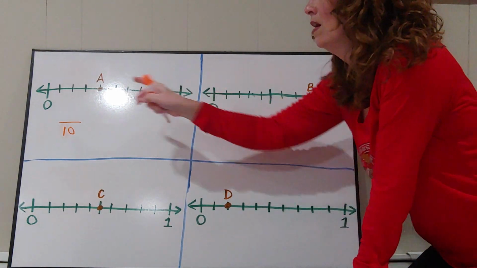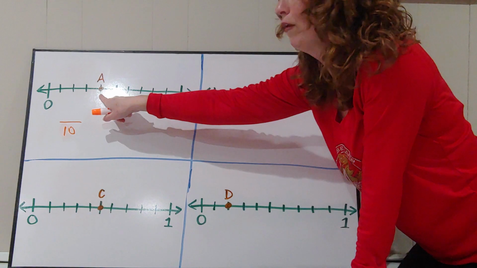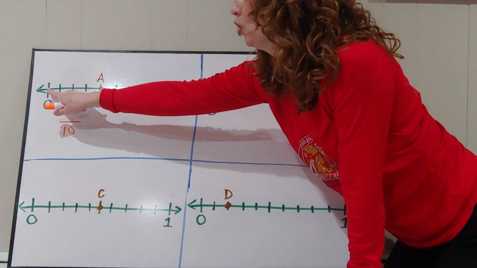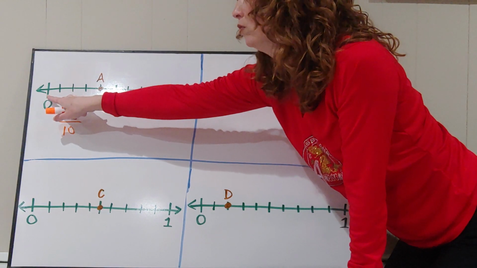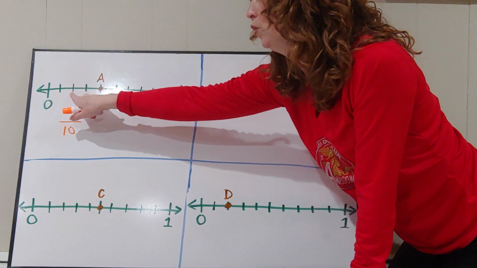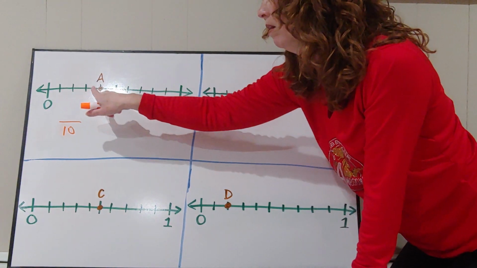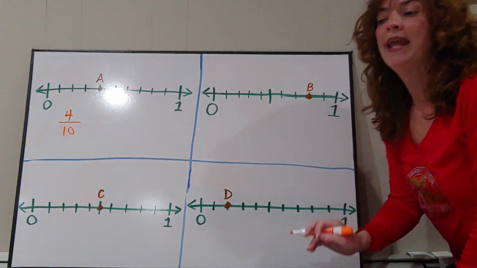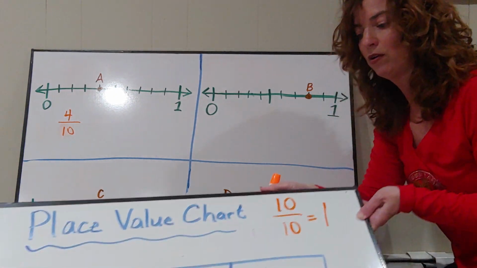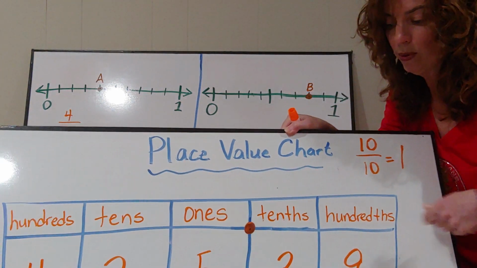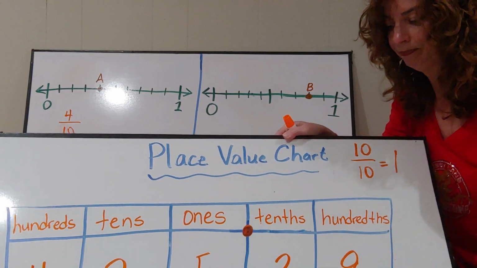Now we're going to count. We want to see what fraction does A represent. So we're going to start at our 0 and count over 1 line, 2, 3, 4. 4 tenths. Now going back to our place value chart, if we say 4 tenths, we would actually put a 4 in this column, right?